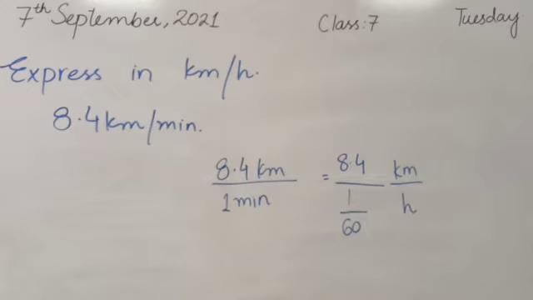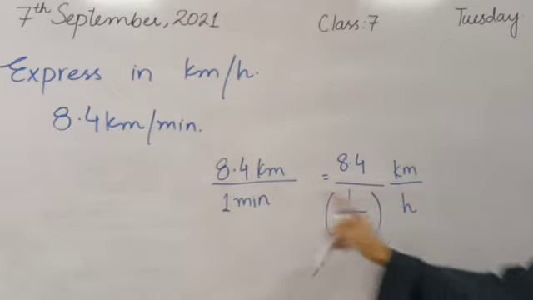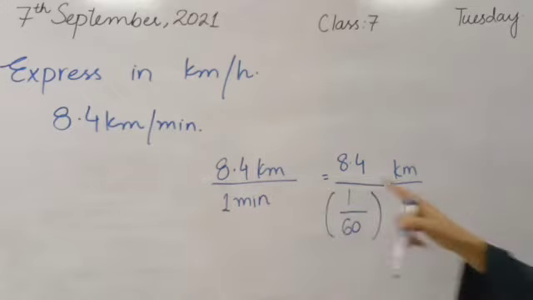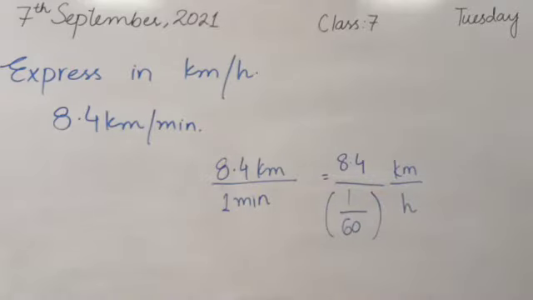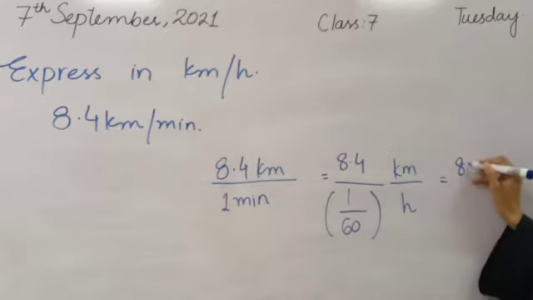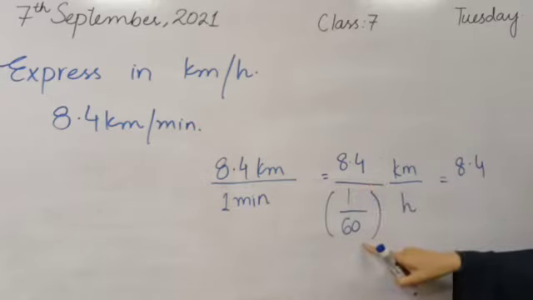Is it clear? To convert this minute into hour, we will divide this minute by 60. Now we have 8.4 over 1 over 60. See the process. This fraction is dividing here.